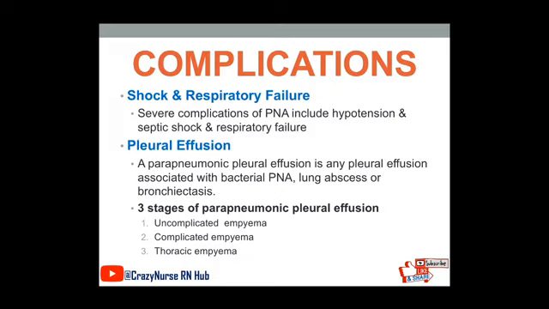There are 3 stages of parapneumonic pleural effusion. First is the uncomplicated, then complicated, which is the second stage, and lastly, the third stage, we have your thoracic empyema.